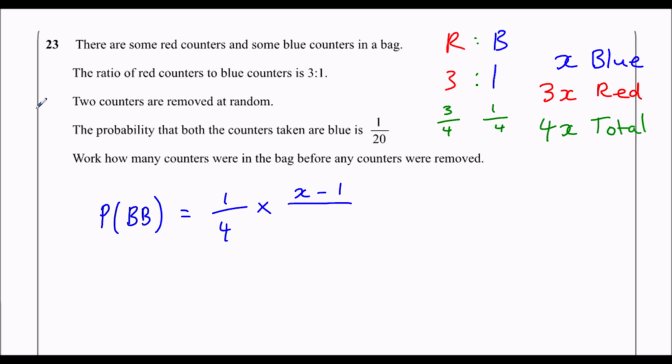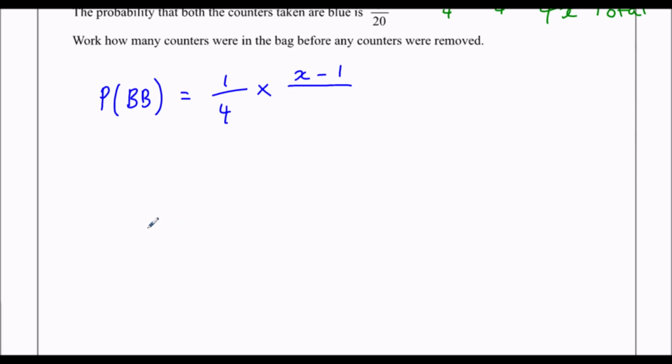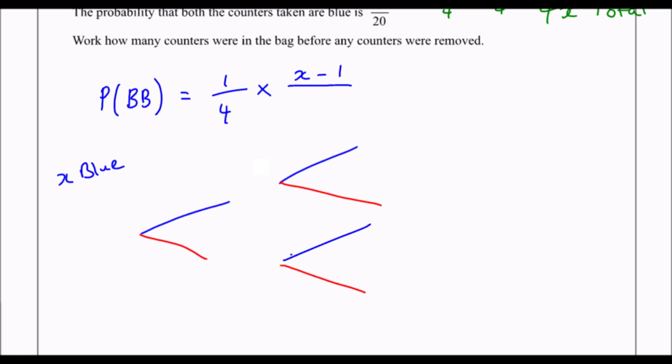So you can think of this as a tree diagram. So it's blue or red, blue, red, blue, red. So there were x blue counters and 3x red. So the first blue counter, the probability, how many blue? x out of how many in total? 4x, which simplifies to a quarter.